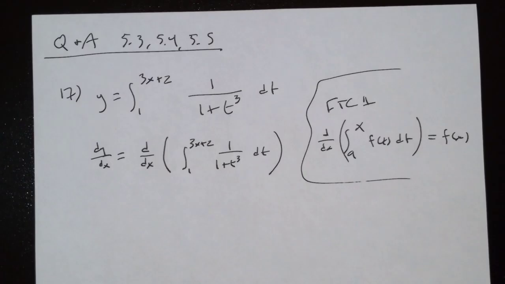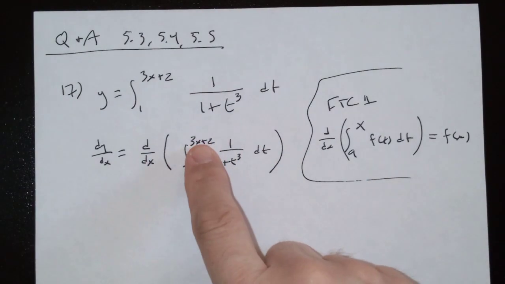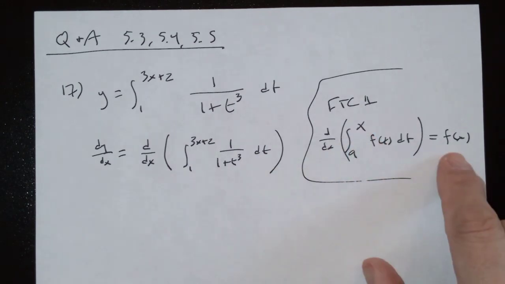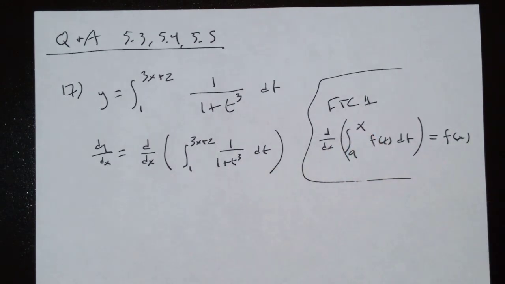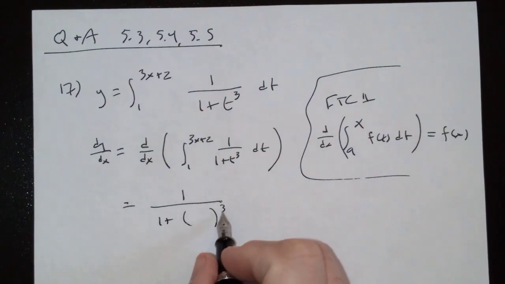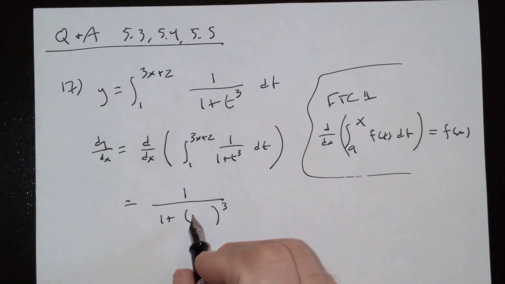So I'm going to think of this as the outside and this as the inside. So the derivative of this thing, as if I was leaving the stuff alone, would be f of stuff. And that's my benefit right there, is that I don't actually need to do anything other than copy the stuff into here.